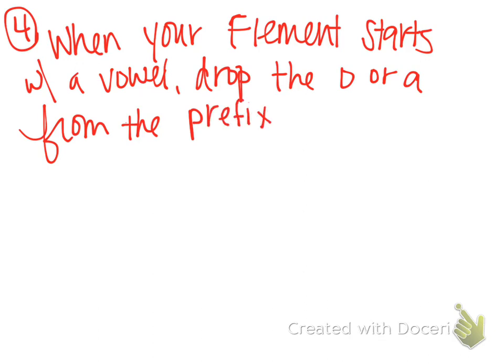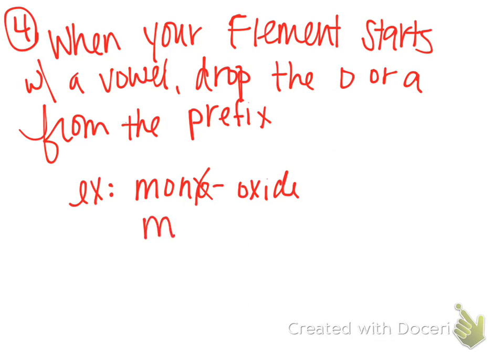Okay, this is a pronunciation and writing type rule, but it's just something to think about. So for example, if we had mono-oxide, we don't call it mono-oxide, we call it monoxide. We drop this O and we put it together into one word.